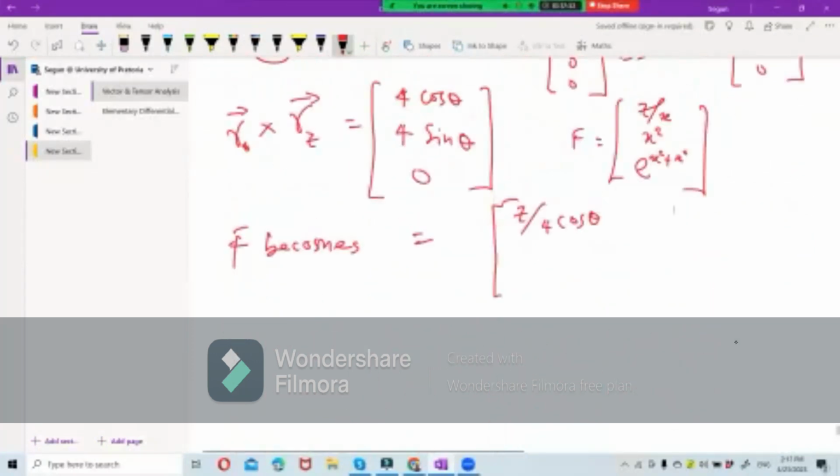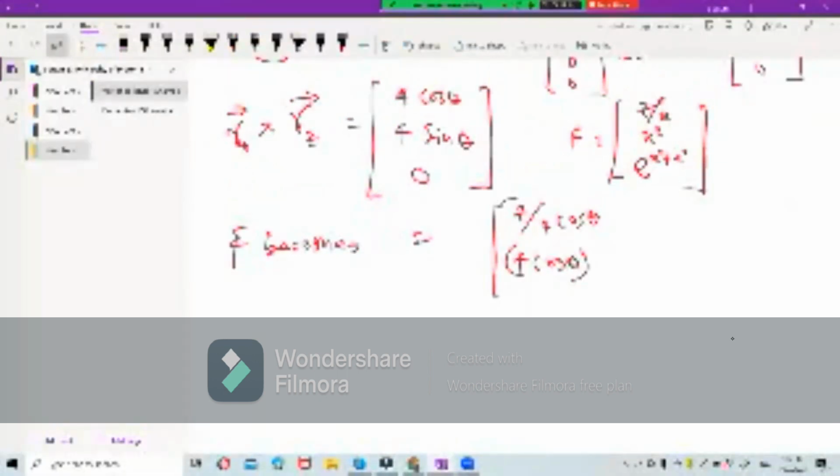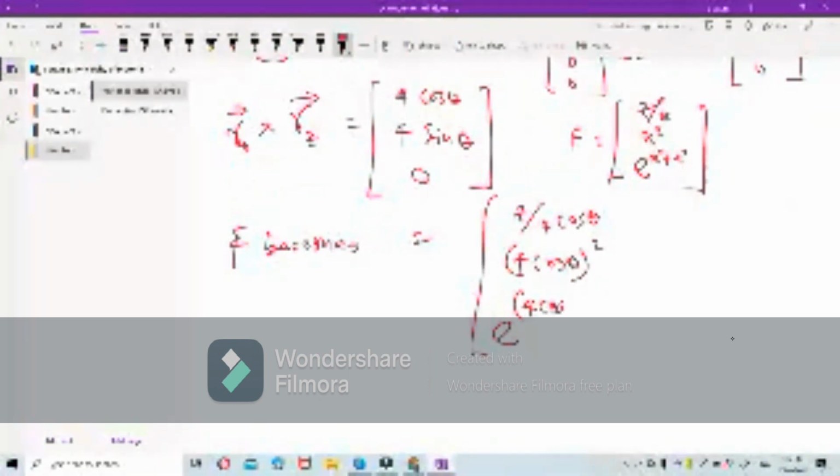You have the second component to be what? 4 cos theta all squared, and the last component will be what? Exponential of 4 cos theta all squared plus z squared.